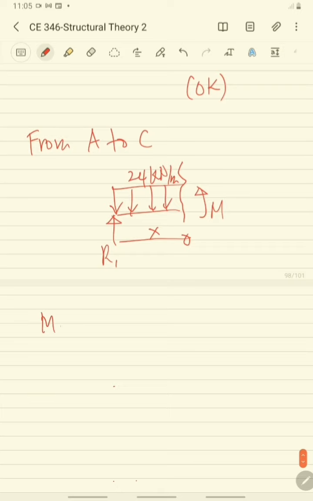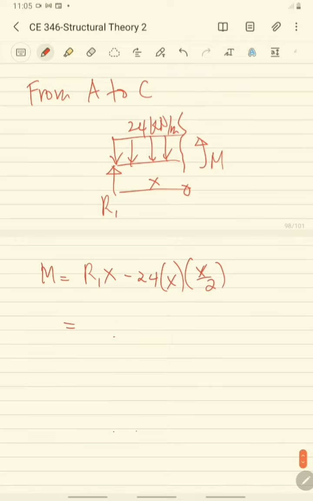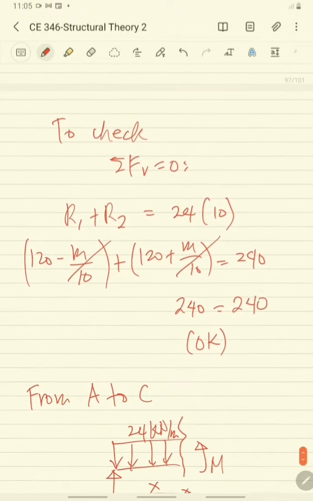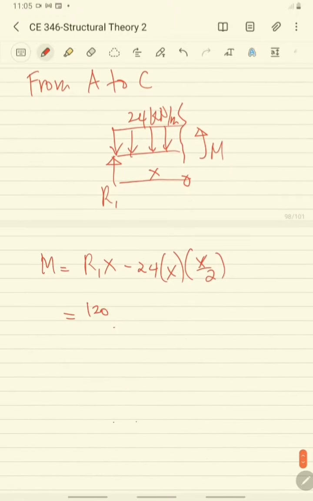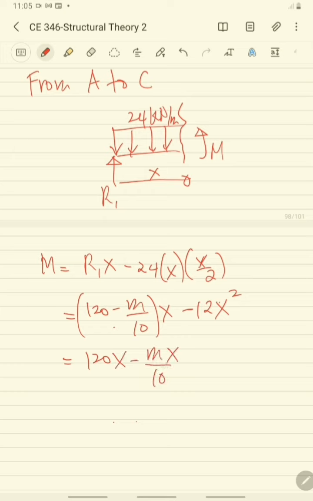So moment is equal to R1 times x minus 24 times x over 2. R1 again is equal to 120 minus M over 10, times x, minus 12 x squared. So we simplify this. That is equal now to 120 times x minus M over 10 times x minus 12 x squared. So this will be our moment from A to C.